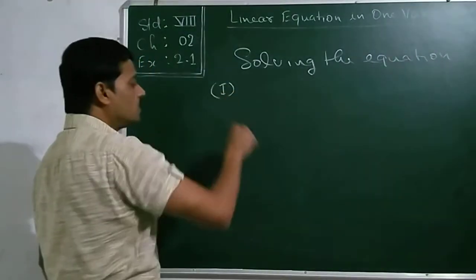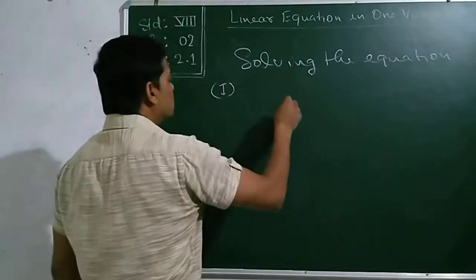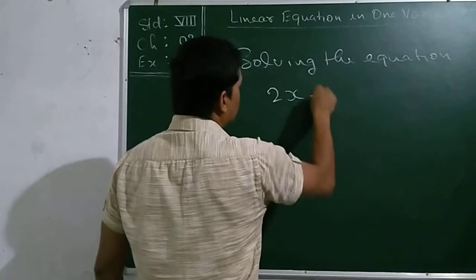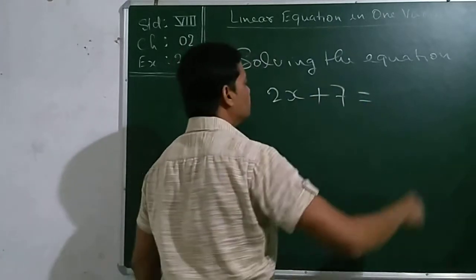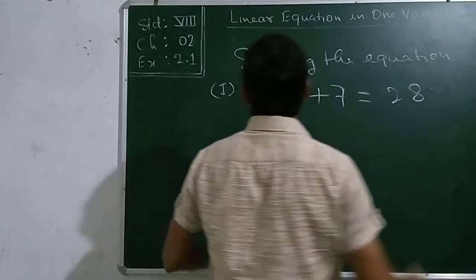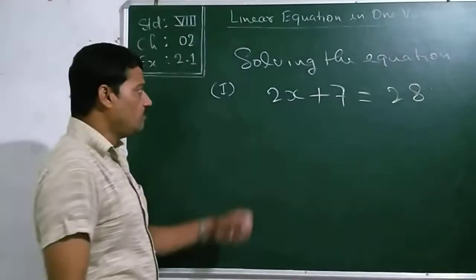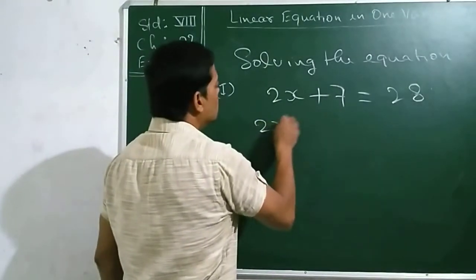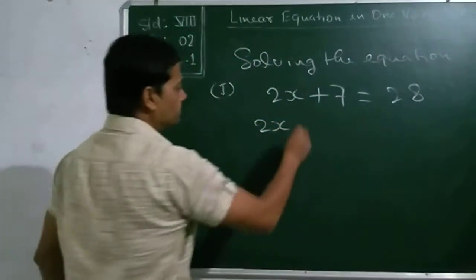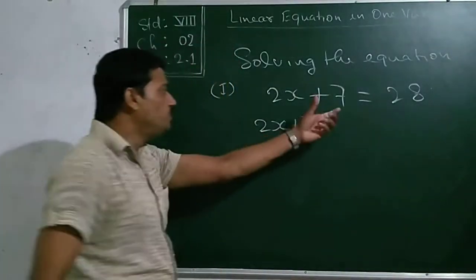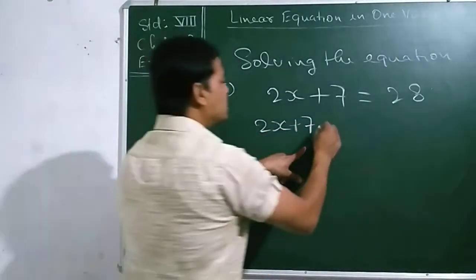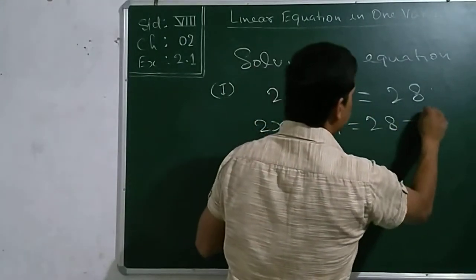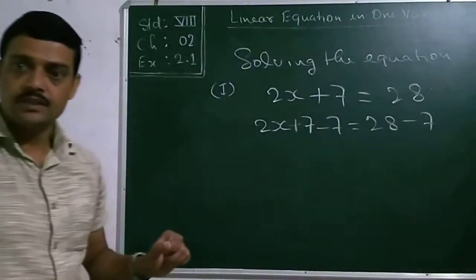Say 2x plus 7 equal to 28. See how I solve it. 2x plus 7 is there. To remove this 7, we can subtract 7 in the LHS. Similarly, we will subtract 7 in the RHS.